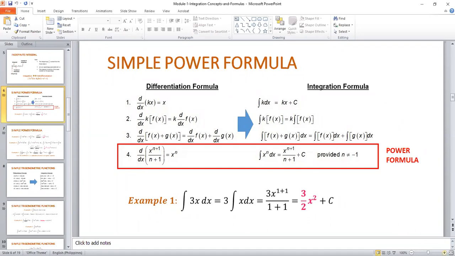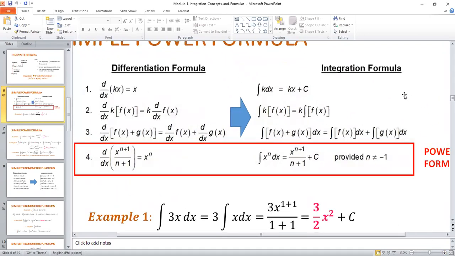What happened here, I'll just enlarge. What happened here is you drop the d, you took it out, and you just copy the k and then the x. What is this k? This k has to be a constant.